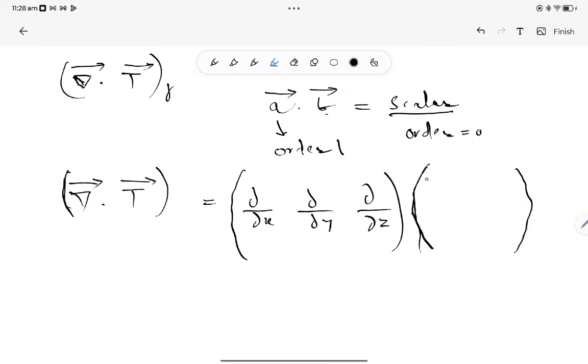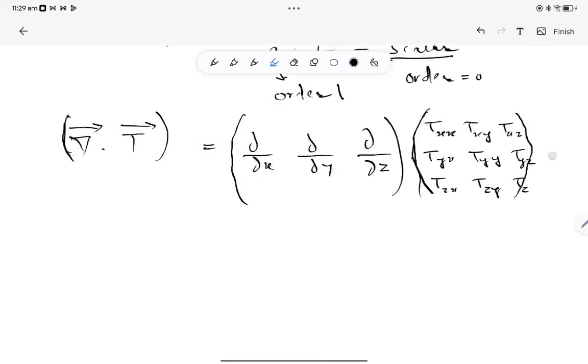You have components of T: Txx, Txy, Txz, Tyx, Tyy, Tyz, and then Tzx, Tzy, Tzz. Okay, then when you take this dot product, the dot product is scalar multiplication.